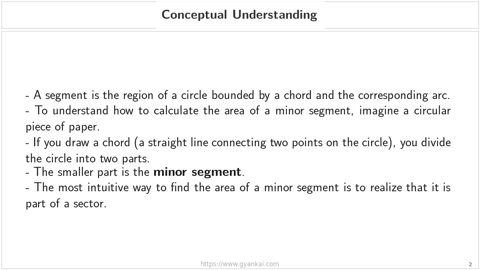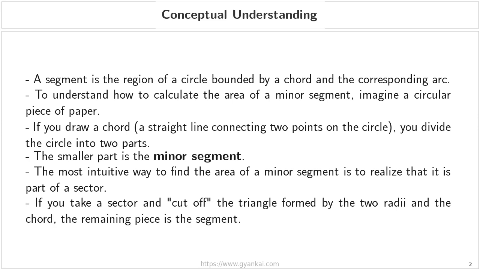Now, you might be wondering, how do we actually calculate the area of this small piece? The most intuitive way to approach this is to realize that the segment is actually a part of the sector we studied in the previous lesson. Think of it this way: if you take a full sector, that classic pie-slice shape, and you cut off the triangle formed by the 2 radii and the chord, the piece of paper you have left over is the segment.